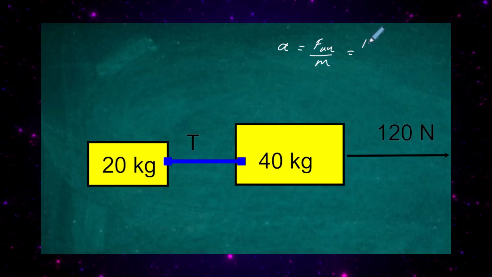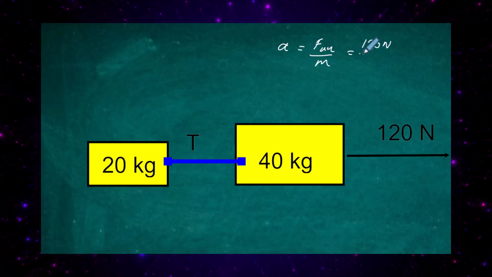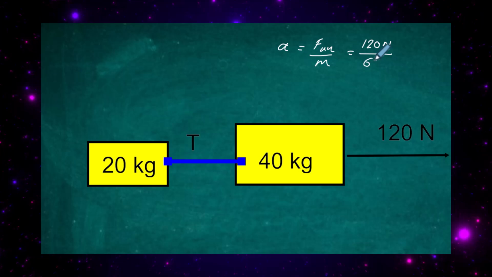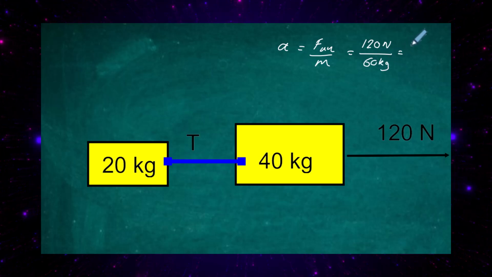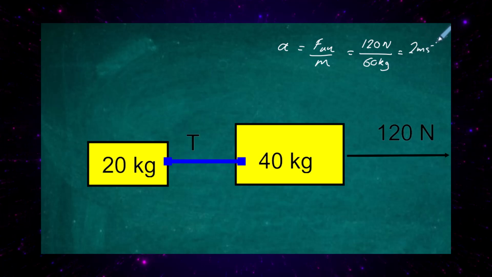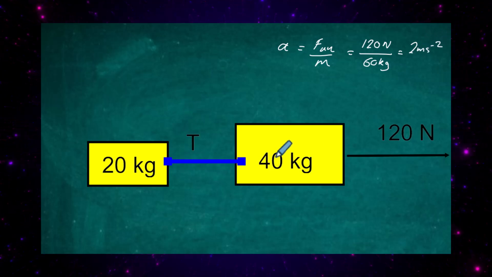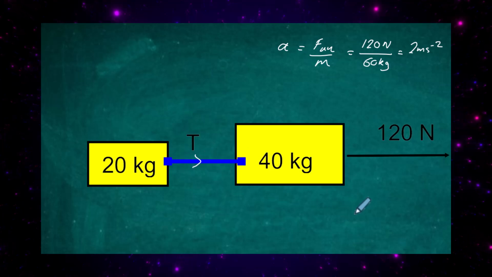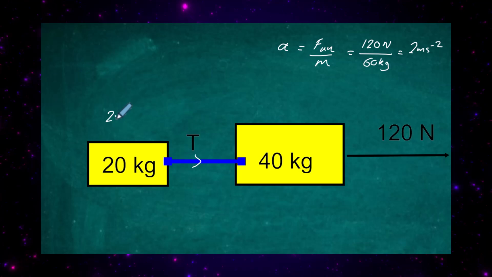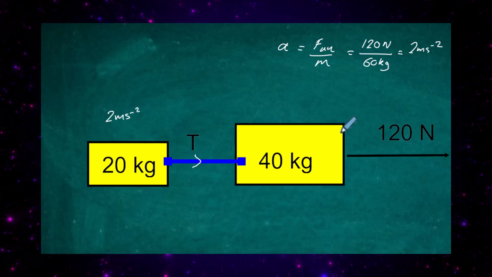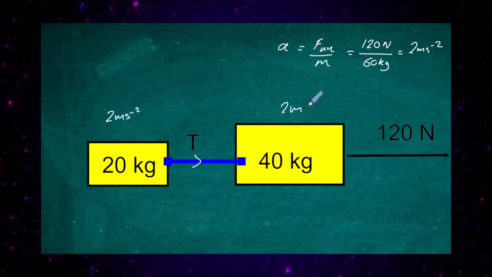So it's going to be 120 newtons divided by the total mass, which is 60 kilograms. So right away, I know that acceleration is going to be 2 meters per second every second. And the clue is, if we want to find the tension in this rope, each of these boxes will be travelling along at an acceleration of 2 meters per second every second because they're connected together.